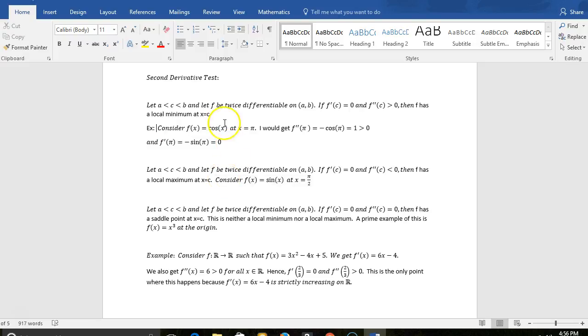So there it is. I picked the cosine function, and I picked pi as a point for a minimum, because cosine of pi is negative 1, and because I knew, and indeed that is true, the second derivative test works: f prime of pi is negative sine pi, which is 0. f double prime of pi is negative cosine pi, which is positive 1, which is greater than 0.